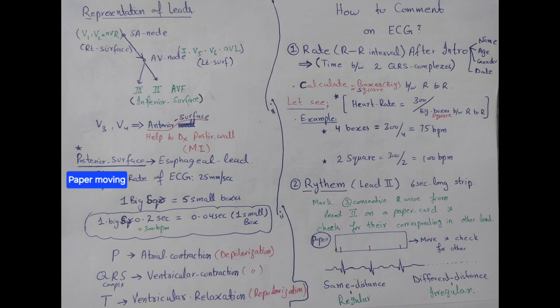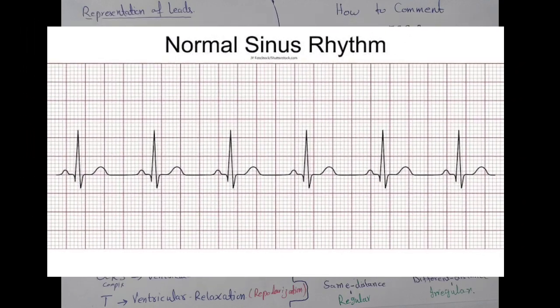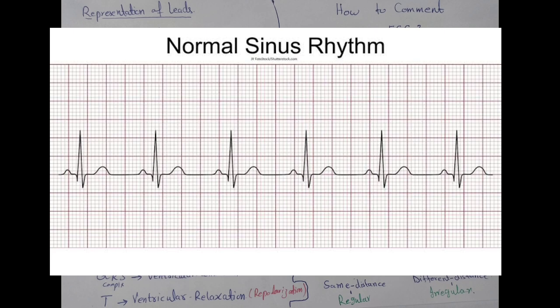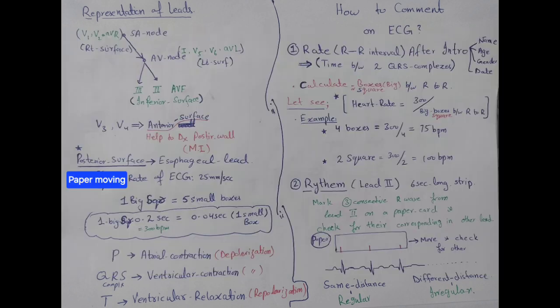Now I will show you the lead to calculate how many big squares are in this ECG and what the rate will be. Yes, here there are about 4 big squares, so the rate is about 75 beats per minute, which is normal.